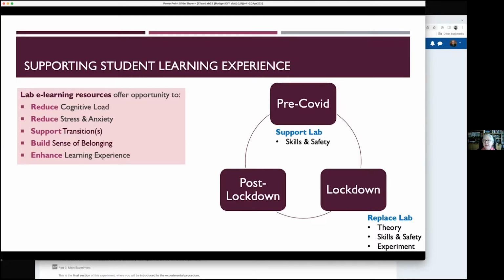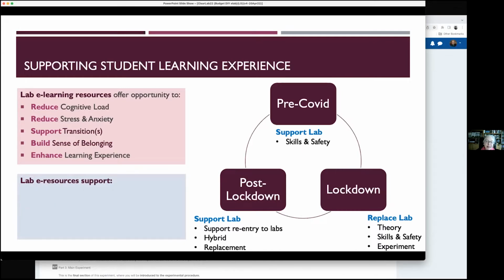And moving out of lockdown into post-lockdown, these skills and resources can help the re-entry into the lab learning and support the hybrid learning that we're going into. And we can use it to support students that can't make it into the labs one way or the other. So altogether, these e-learning resources can support and do support students.